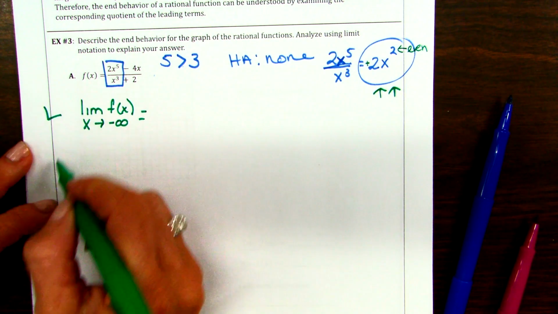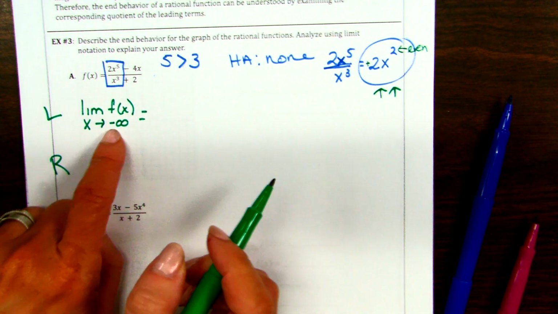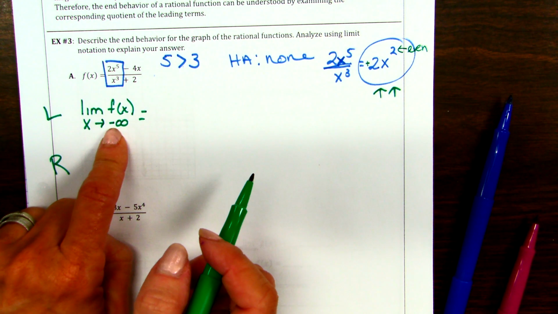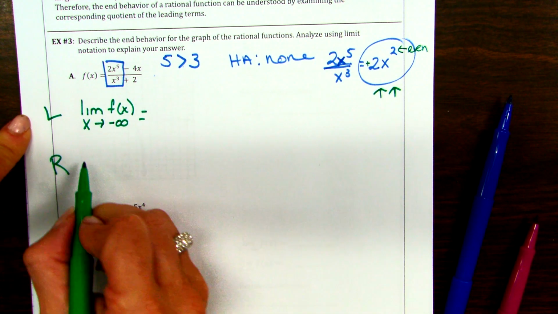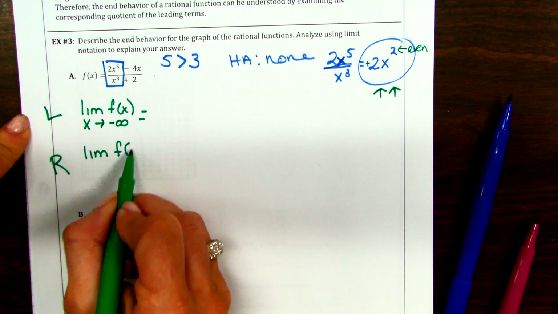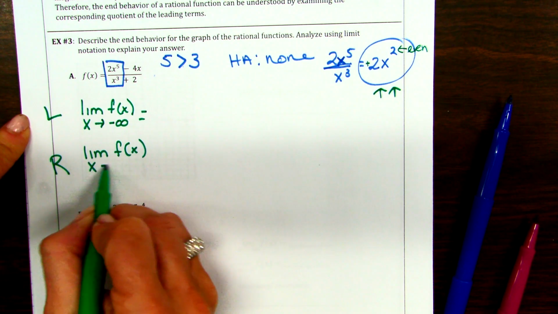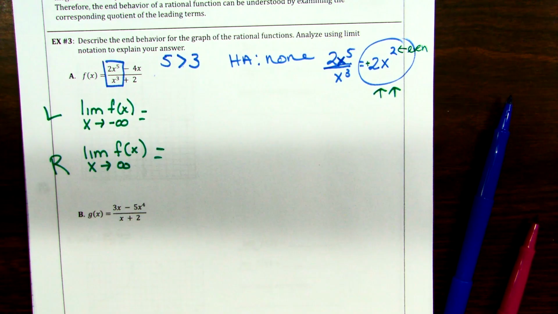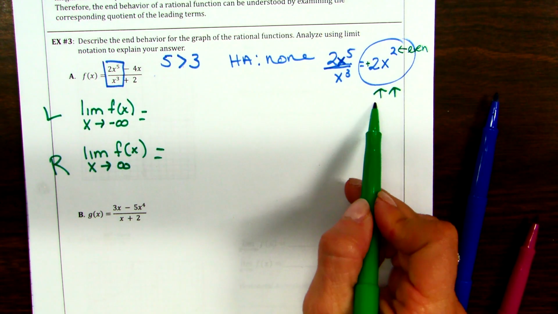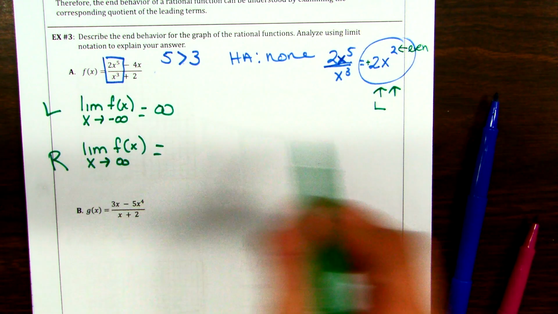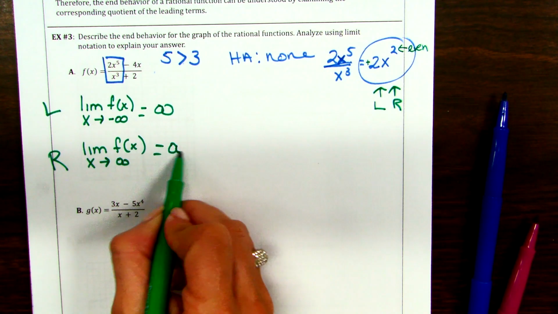You don't have to keep writing left and right. This tells me you mean left. If you're going towards negative infinity, that is to the left, okay? So you don't have to keep writing that. You can if you want to. But remember, that's how we start out every single time. And we already found it. On the left, we're going up. On the right, we're going up.